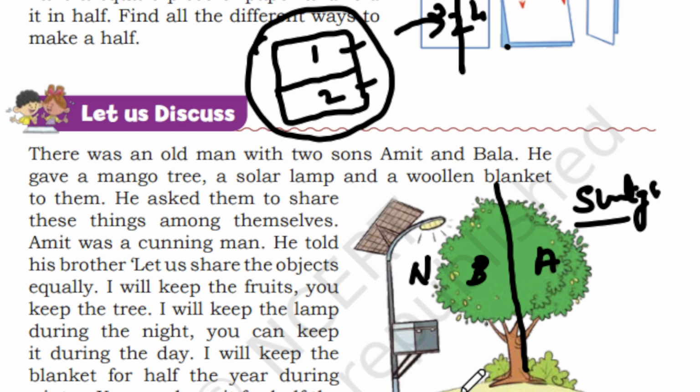And the blanket, again, either they have to share the blanket equally and sleep together, or they have to cut the blanket equally and divide it into two halves. This one is one half and this one is the other half. So Amit can take this blanket, and Bala can take this blanket.